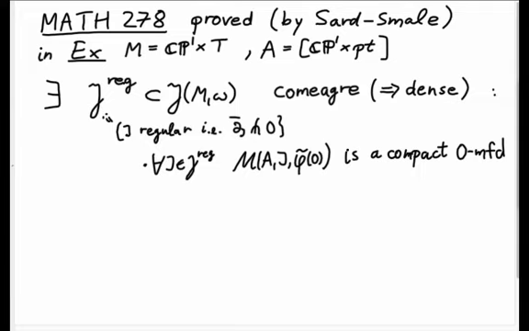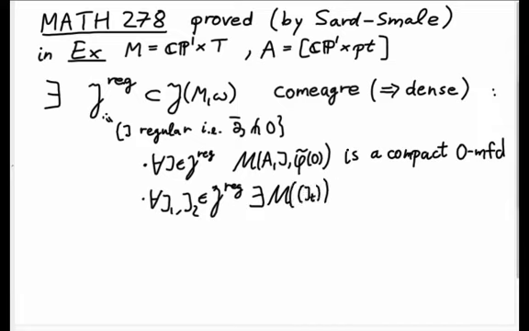Not only that, I also argued that if you fix two regular almost complex structures, then the two moduli spaces are cobordant. In fact, we made a cobordism from another moduli space that used a homotopy of J's.